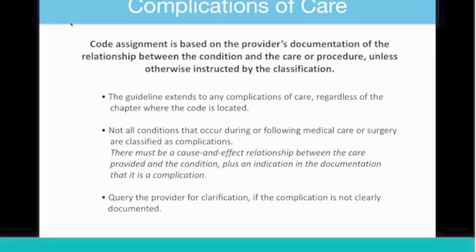There has to be some type of cause and effect relationship between the care provided and the condition, and there needs to be an indication in the documentation that this is a complication. If it's not very clear or your provider didn't document that, always query the provider for clarification if it's not stated.